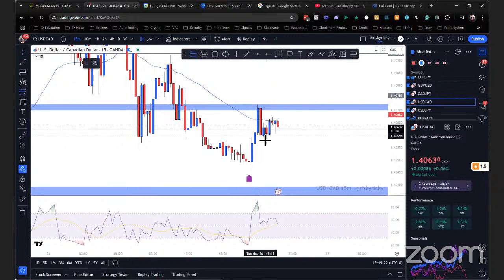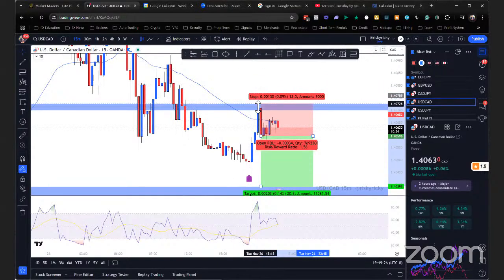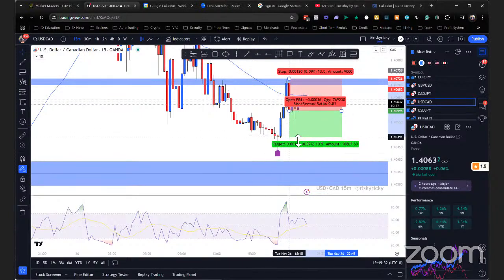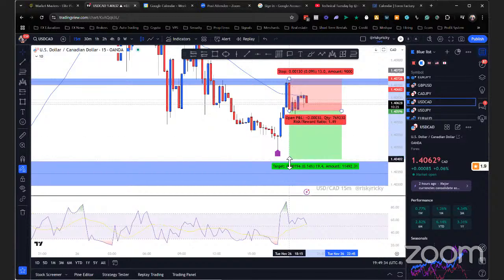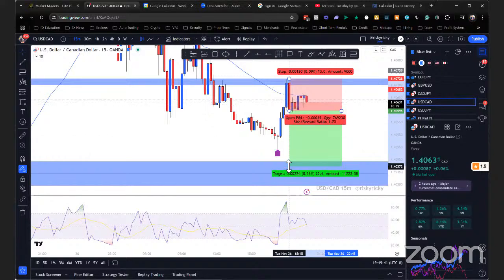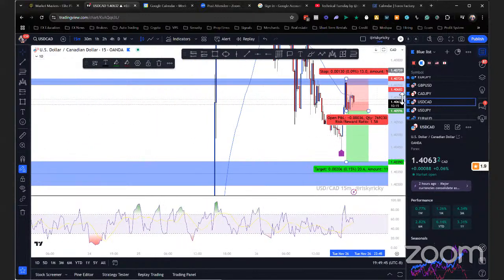So for this sell on scalping, it would be down to this low, but I would say it's going to drop even lower. That could be take profit one right there, quick 10 pips, and then take profit two down here.